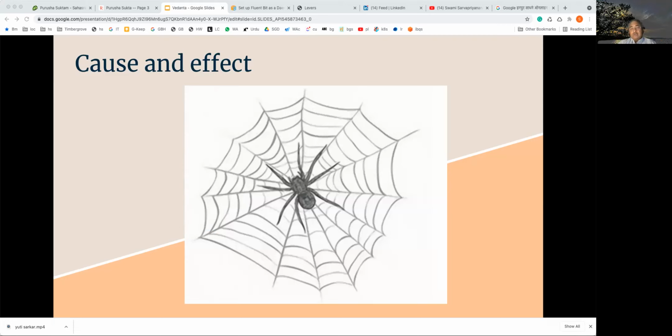The minute you look at it from this perspective, it gives a totally different dimension to our understanding of creation. If the material cause and the efficient cause are one and the same thing, then this stardust that we are made up of is also connected to the efficient, the intelligent cause that made up this creation.